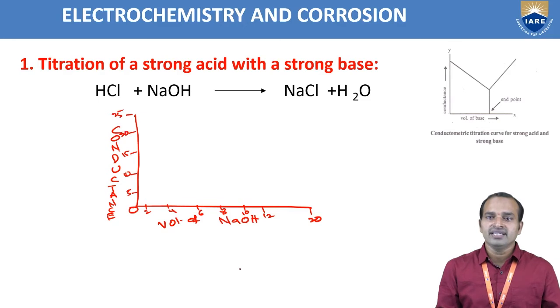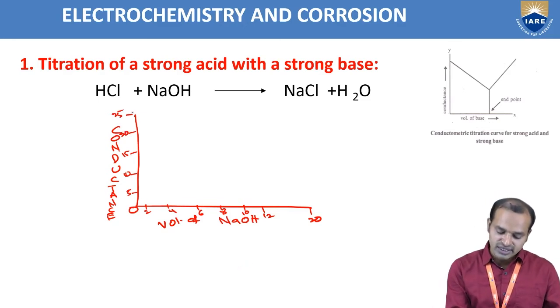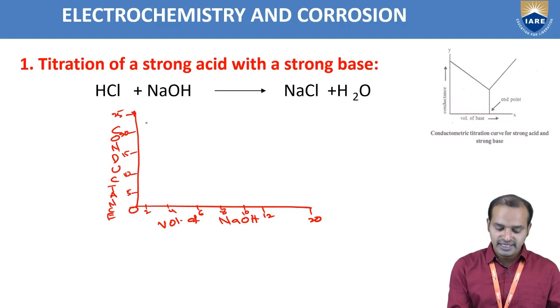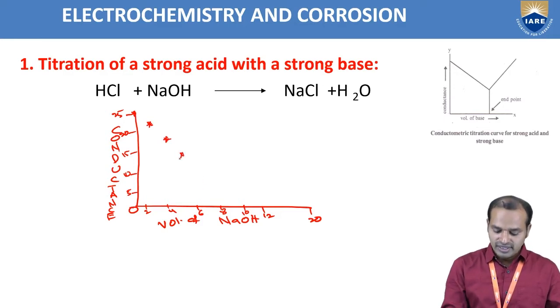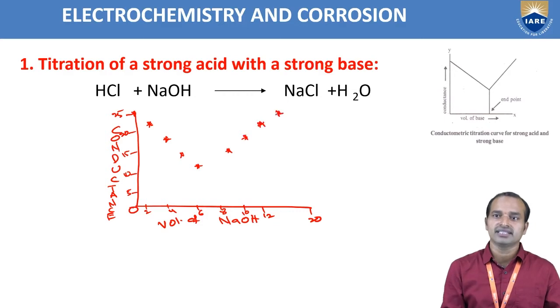Without adding NaOH, it is 25. Then you add 2 ml of NaOH and the conductance value falls. Again you add 4 ml, it falls. 6 ml, falls. 8 ml, falls. When we add the 10th ml, the conductance value increases. 12 ml, again increases. 14 ml increases. 16 ml also increases.